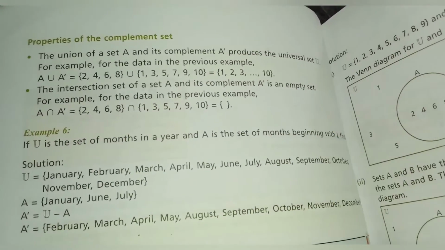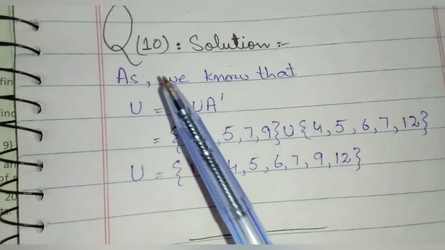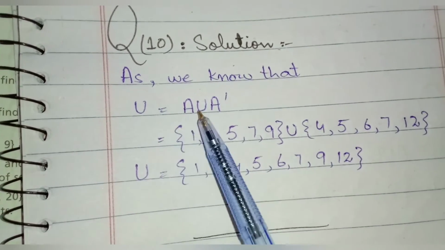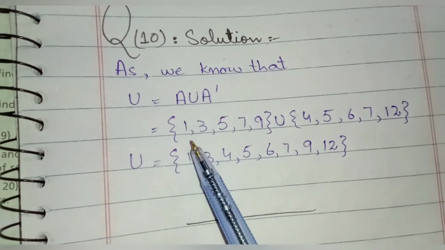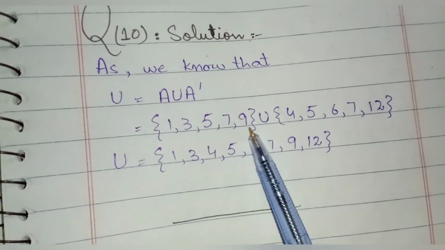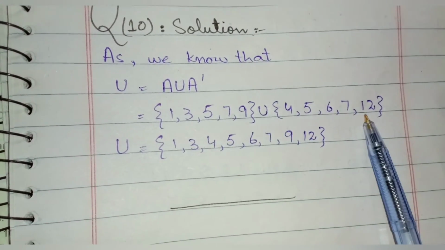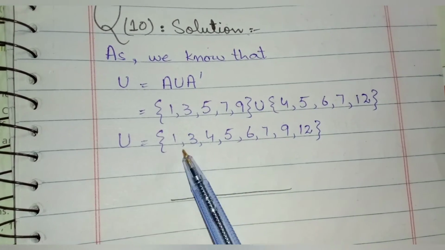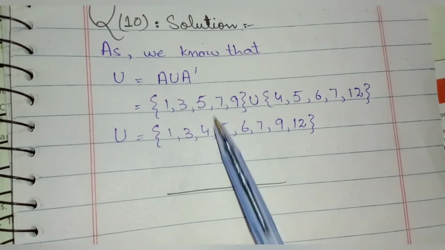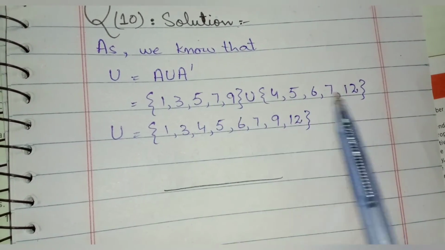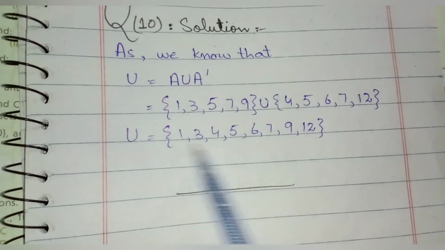As we know, the universal set is equal to A union A dash. A is 1, 3, 5, 7, 9, as given in the question, and A complement is 4, 5, 6, 7, 12. So their union will be 1, 3, 4, 5, 6, 7, 9 and 12. This is the universal set.